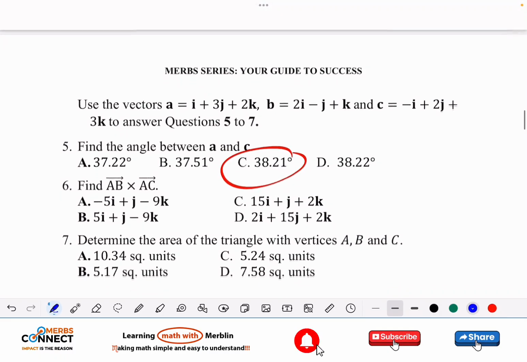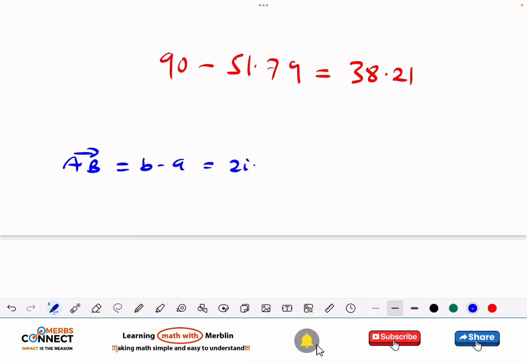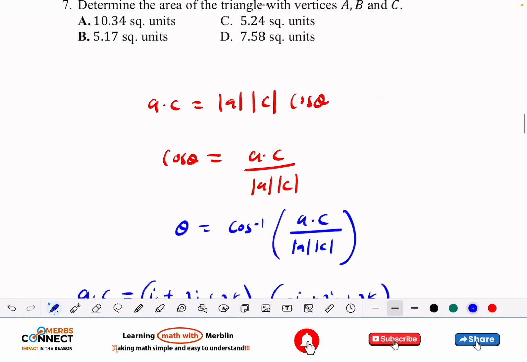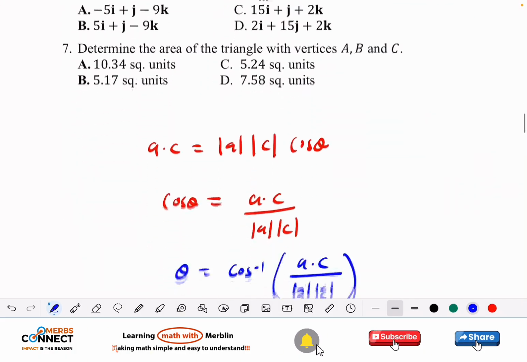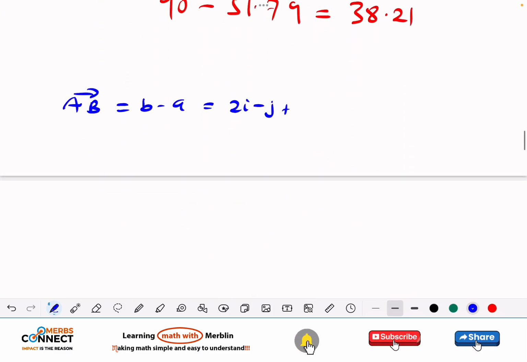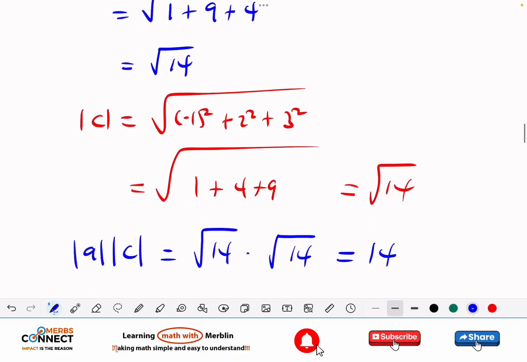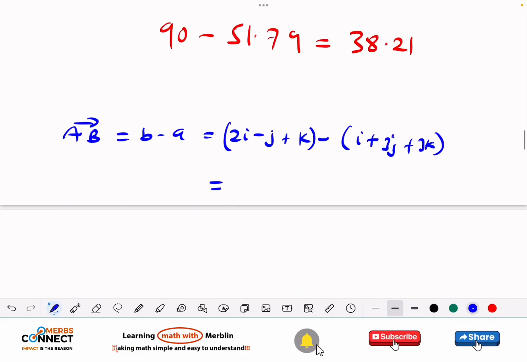B is 2i minus j plus k. Let me check it. Yeah. So plus k. And what is a? A is i plus 3j plus 3k. So that is A, right? Yes, that's true.